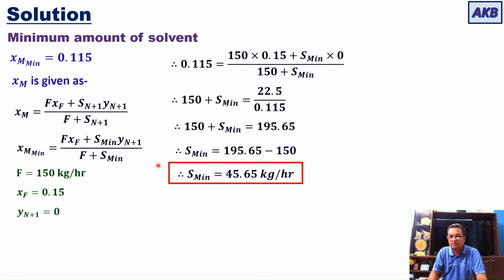Here you must have learned how to get the number of equilibrium stages in a typical continuous countercurrent multi-stage liquid extraction, and you must have also learned how to get the minimum amount of solvent that can be used in such an operation. So, if you have any doubts, please mention them in the comment section.